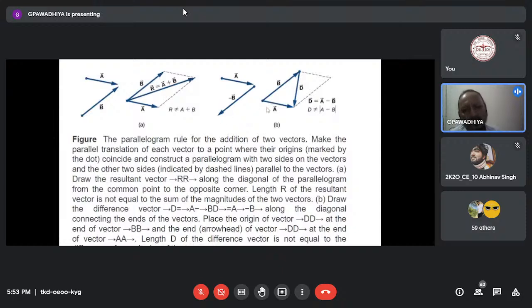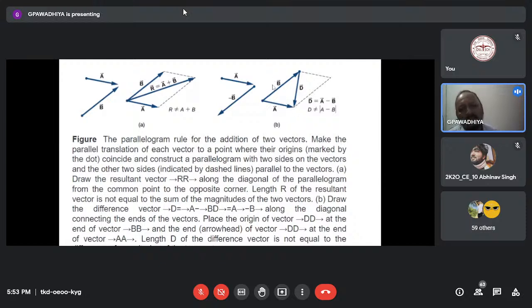Here you see B is directed like this. And then the D vector here is not this vector obtained by connecting this diagonal from this end to this end. Rather, it is the opposite diagonal. From our concepts of tail to head connection, B and D are an orderly connection in the same order. If we are moving in clockwise direction, B is towards right, then D is in that clockwise pattern, but A is opposite.